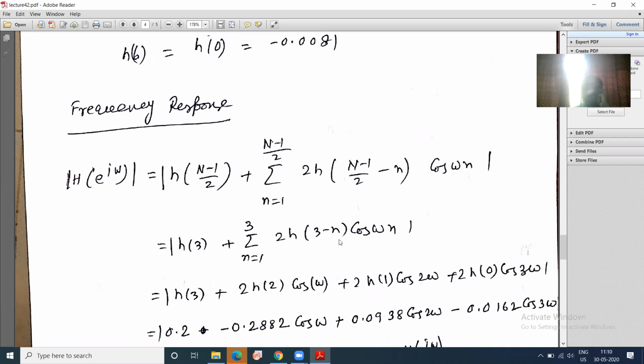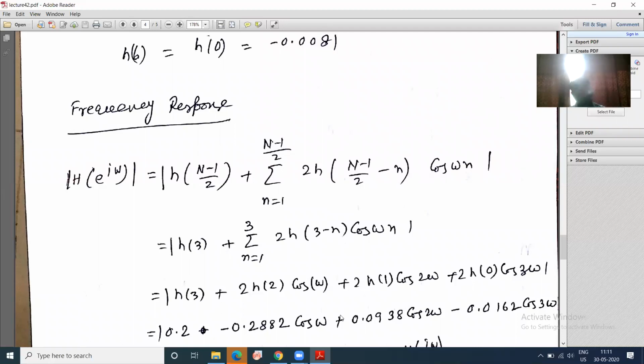If I substitute n equal to 2, then it will be 2h1 cos 2ω. And if I substitute n equal to 3, then it will be 2h0 cos 3ω. So this will become magnitude h3 plus 2h2 cos ω, 2h1 cos 2ω, and 2h0 cos 3ω.